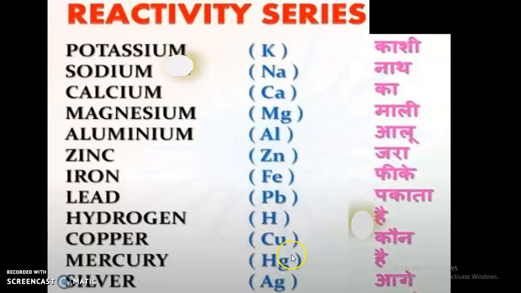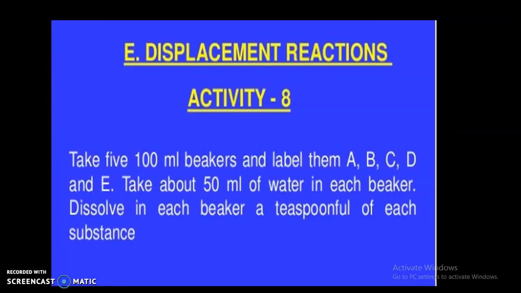So copper next is kaun hai, aage aao, Cu, C is for kaun, Hg, Ag, aage aao. Alright. So this is how you can learn the reactivity series in a very good rhyming way. There is no need to just cram it up, and you can learn it very nicely.